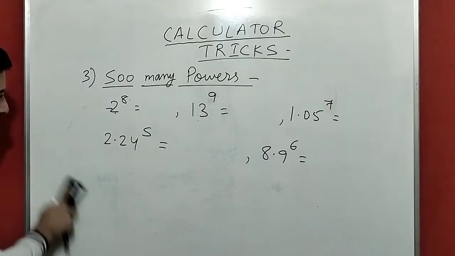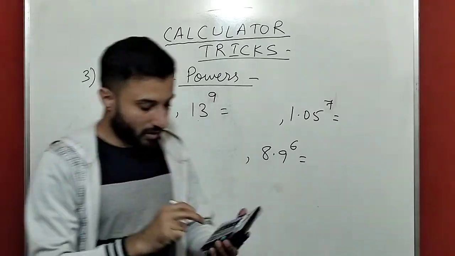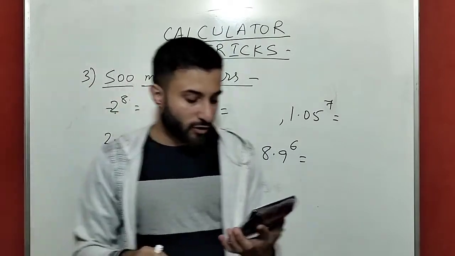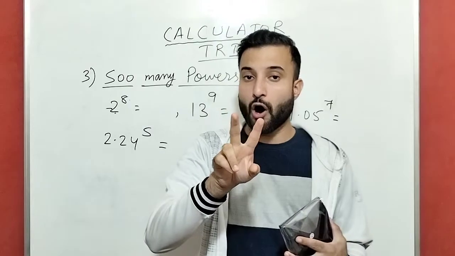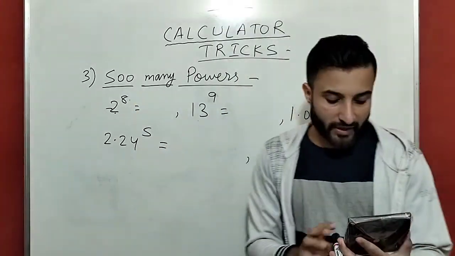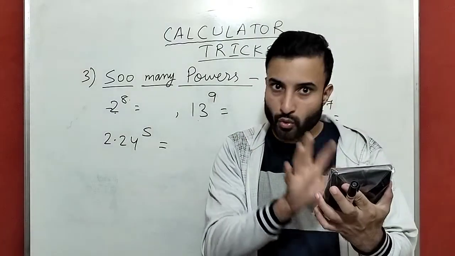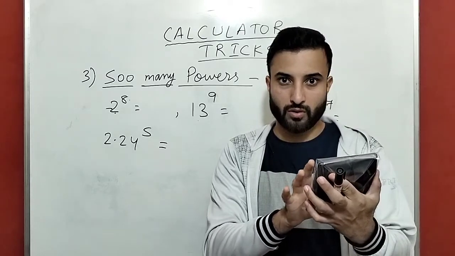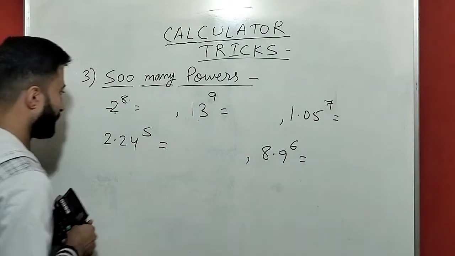To make this time saving, first is 2 power 8. In your calculator, 2 power 8 means you have to multiply 2 how many times? 8 times. So what I am going to do here is multiply 2 into 2.